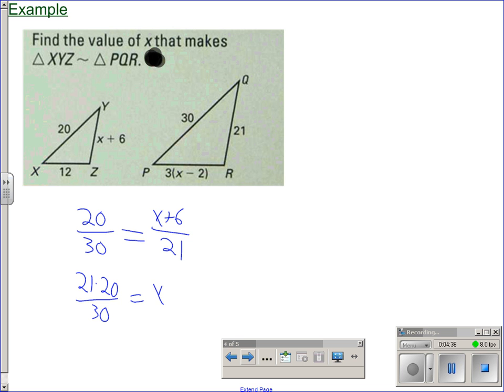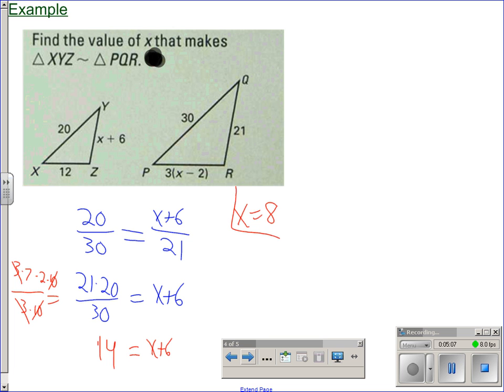I'm going to leave it separate just because I don't have a calculator right here with me, so I'm going to do this in a little bit of a different way and break this up into some factors. 21 is 3 times 7, 20 is 2 times 10, and we are dividing by 3 times 10. Common factors cancel out, and I'm left with 14. That equals x plus 6, subtract 6, x is 8.